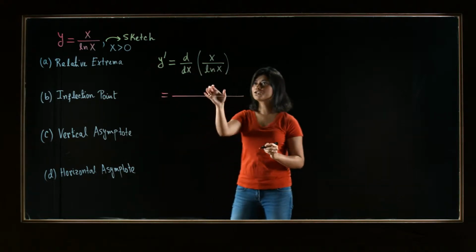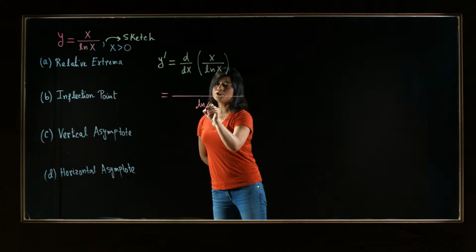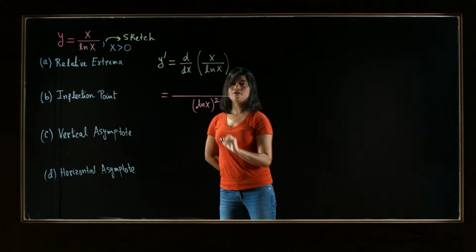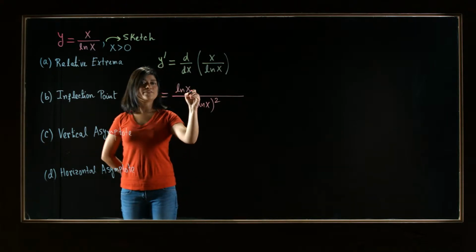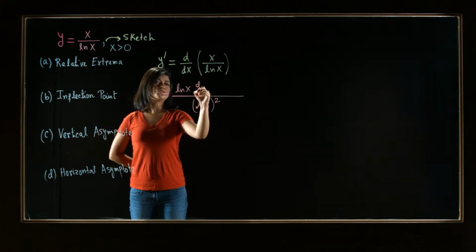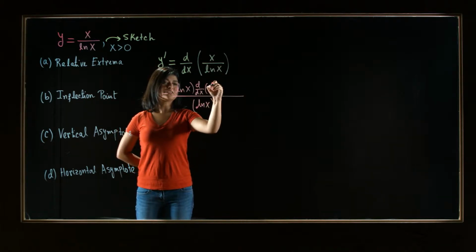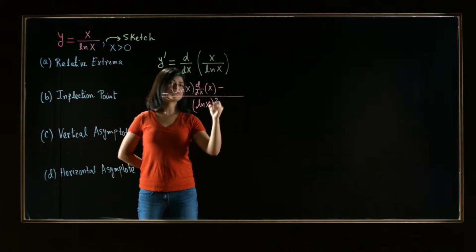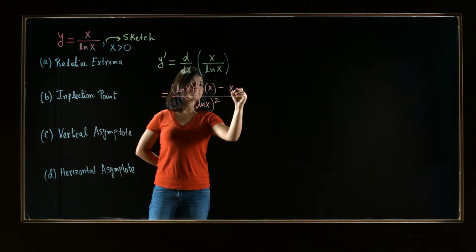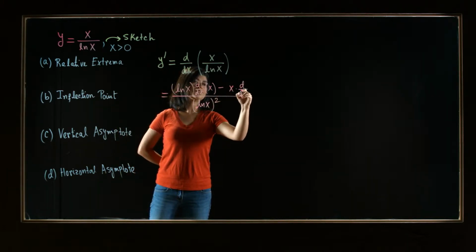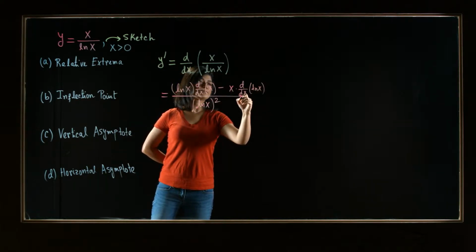Recall in quotient rule, we square the denominator. So, in the denominator, you have natural log squared. Then, in the numerator, you keep the natural log of x fixed and take the derivative of the numerator, which is x. Then you have a negative sign, and then you switch the role of these two. So, you keep x fixed and take the derivative of the denominator, which is natural log of x.